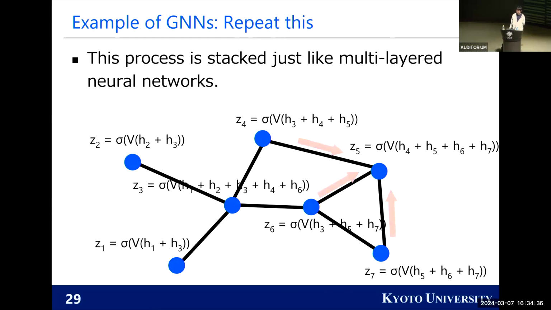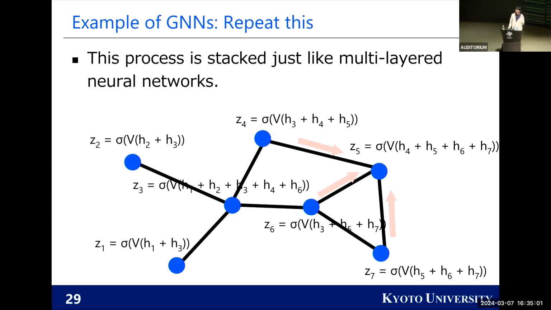This process is stacked just like multi-layer neural networks. In the next layer, we are given the hidden states from the previous layer, and we gather the information from the states of the last layer in the same way. The transformation matrices can be different from layer to layer.